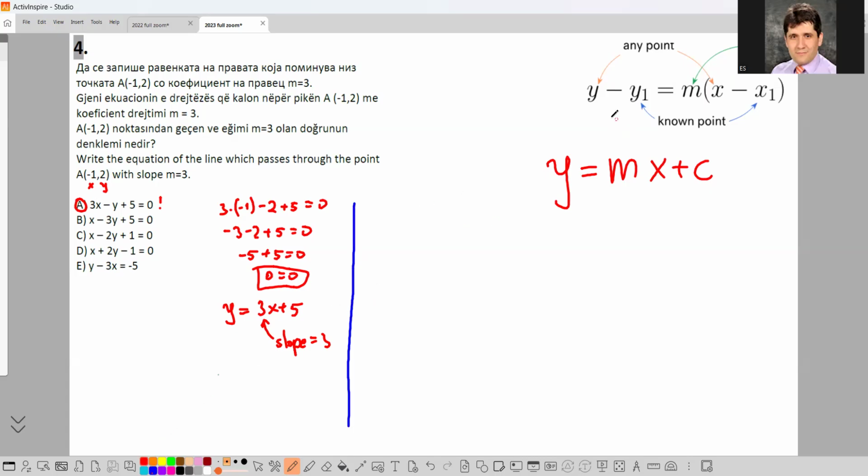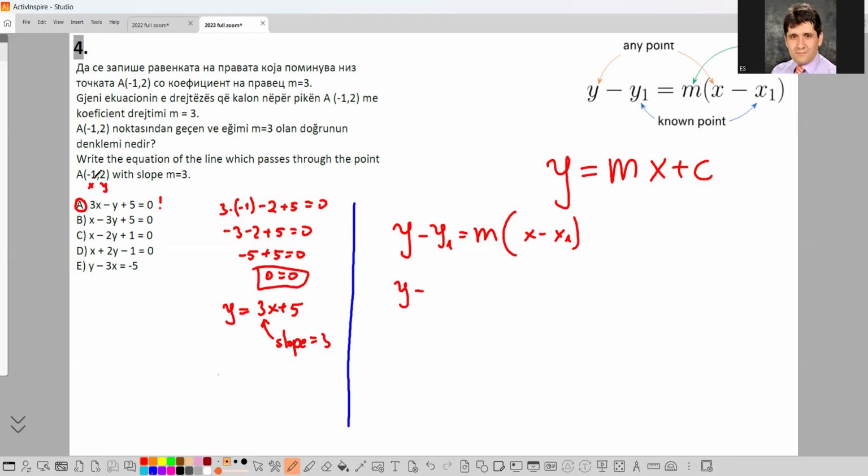Now, if I substitute in this formula, y minus y1 is equal to m times x minus x1, what do I get? Well, y minus, what is the y coordinate of the known point? So the point that the line is passing through. Well, I just labeled it here.